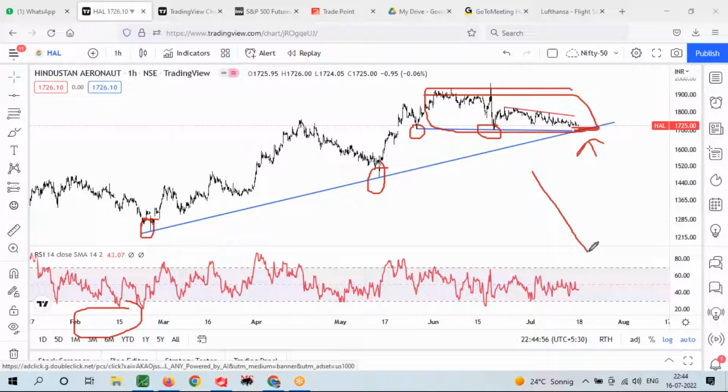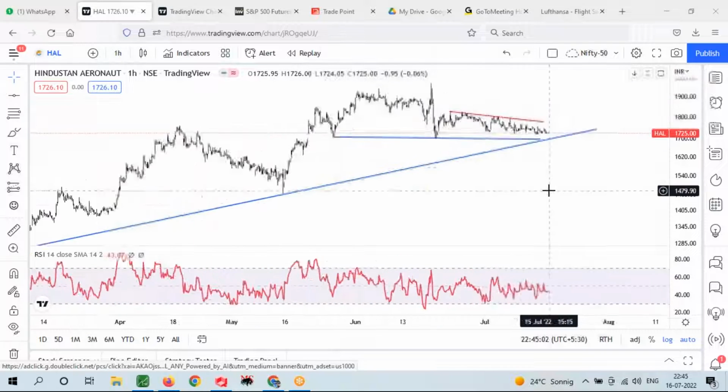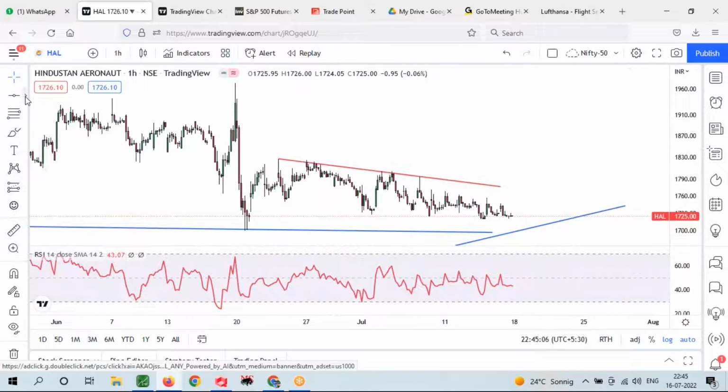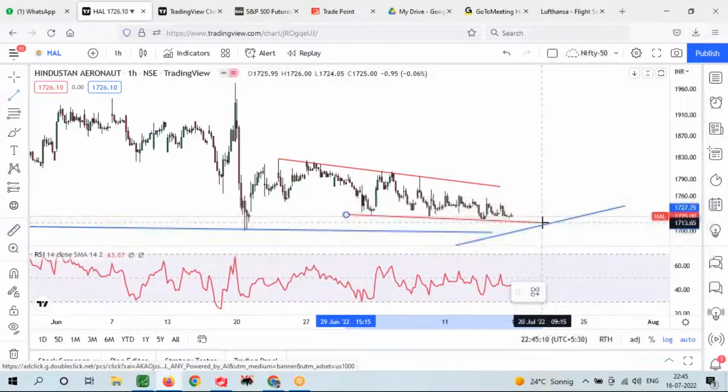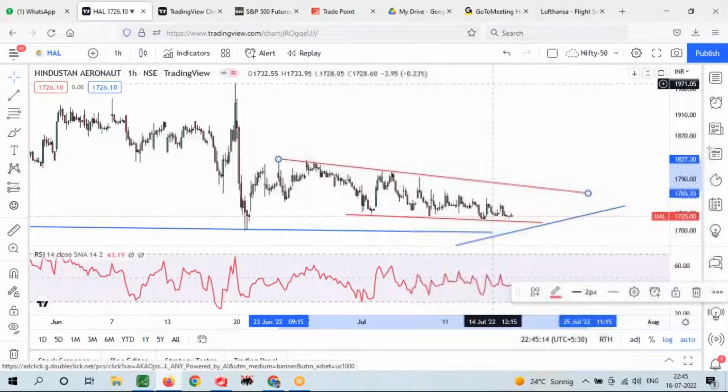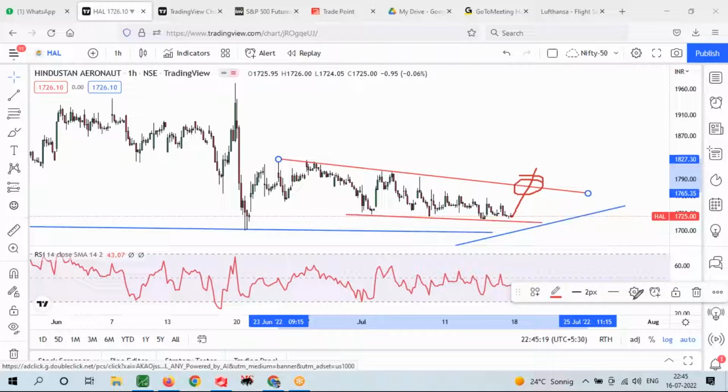It's not something like this or even something like this. It is just going sideways. That is one thing. Second thing is you can see there is a range also. I would see a movement in the stock once it comes out of this range.